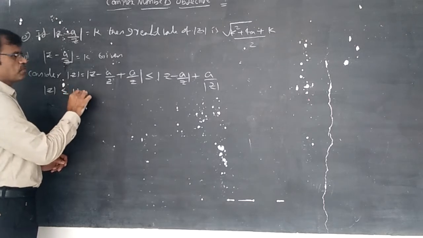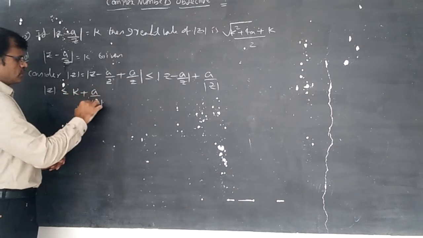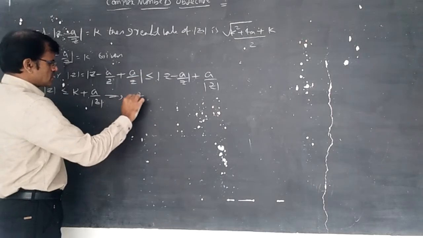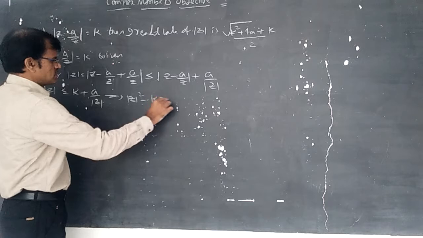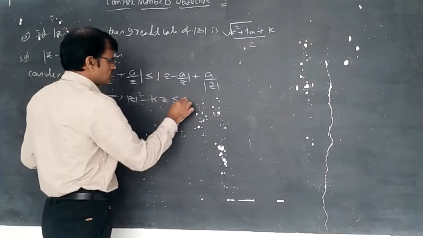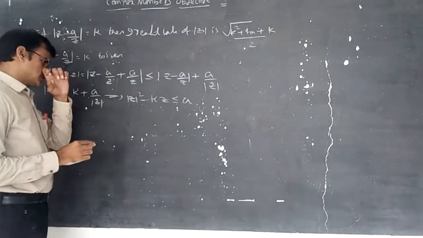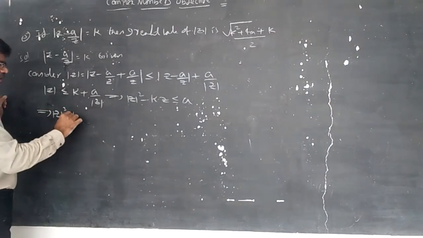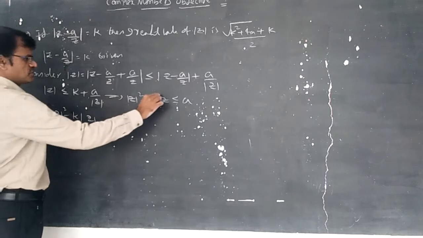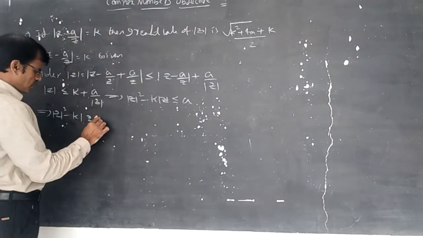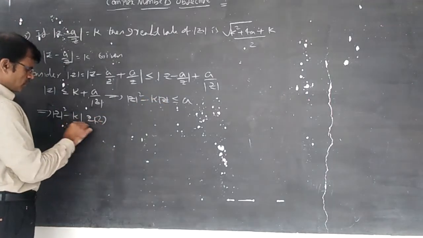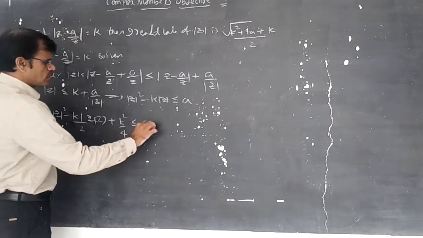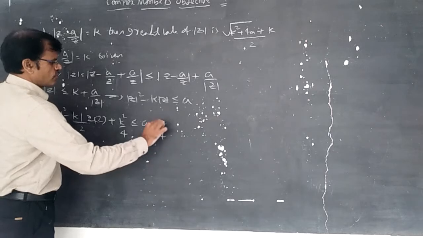So it is k plus a by mod z. That implies, taking LCM, modulus of z square minus k mod z is less than or equal to simply a. Modulus of z square minus k into modulus of z, adding k square by 4 on both sides, is less than or equal to a plus k square by 4.